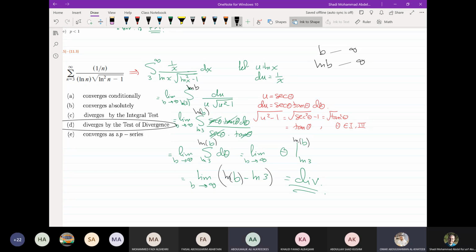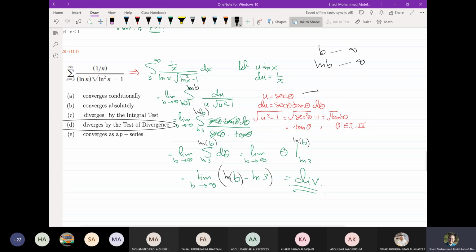I can say, for example, u from the inverse of secant, so theta equals inverse secant of u. Yeah, it will be the integral of theta. If you want to change, it will be from theta equal ln 3.